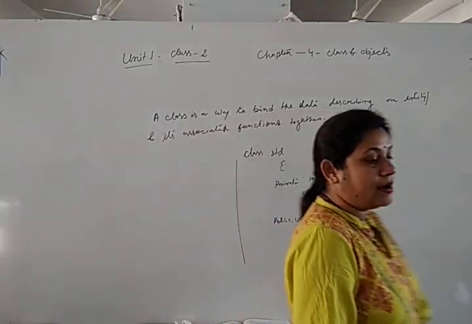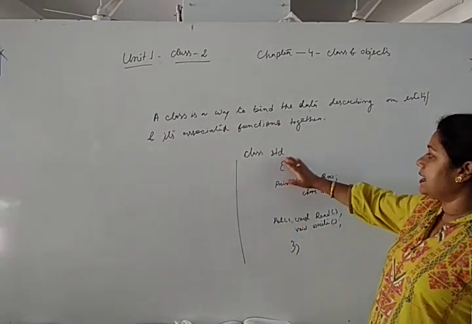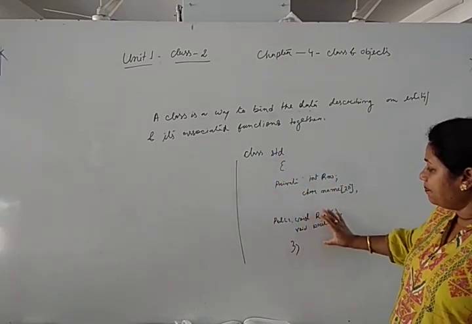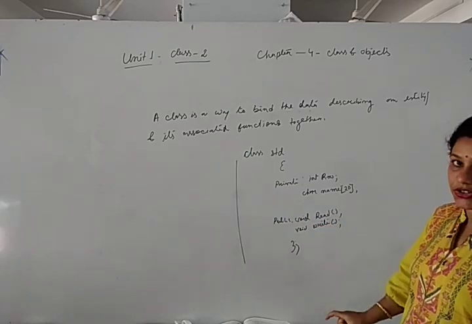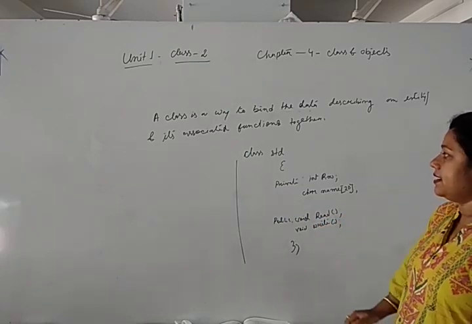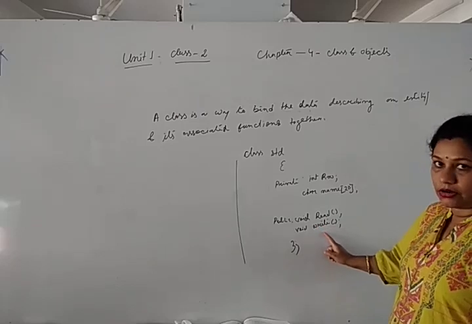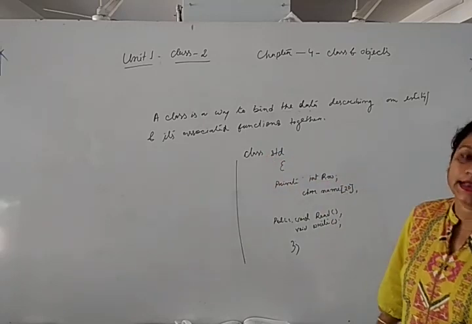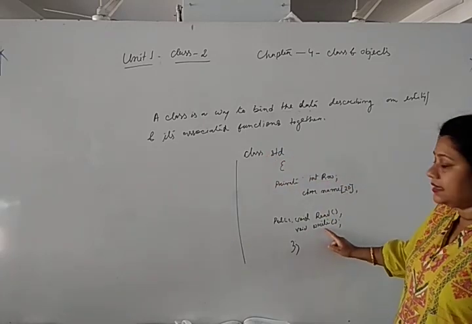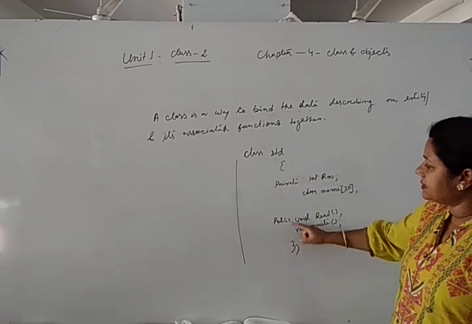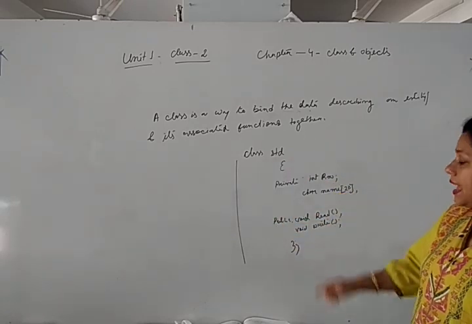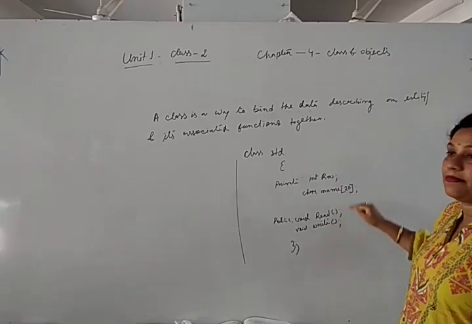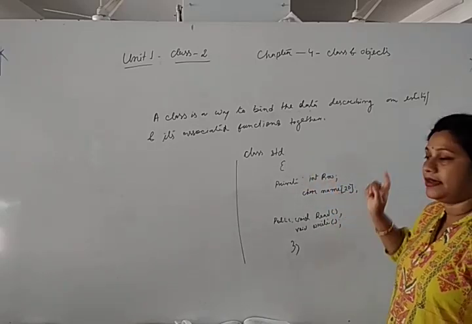Now look here. This is the body of the class. Inside the body of the class student, I declare some private data members and some member functions. Now, these functions can access the private members of the class. The read and write functions are declared inside the body of the class student, and only these two functions can access the private data members of the class, that is roll number and name.